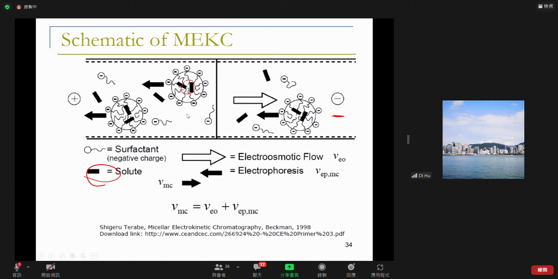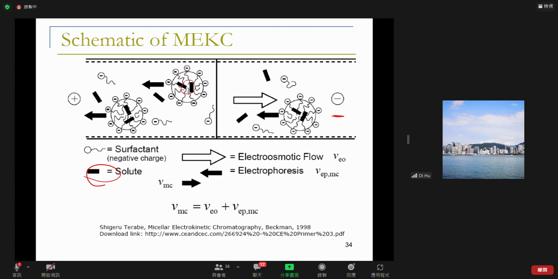If your compound is quite hydrophobic, it can be completely incorporated into the hydrophobic core of the micelle, completely solubilized by the micelle, so it is going to travel together with the micelle.